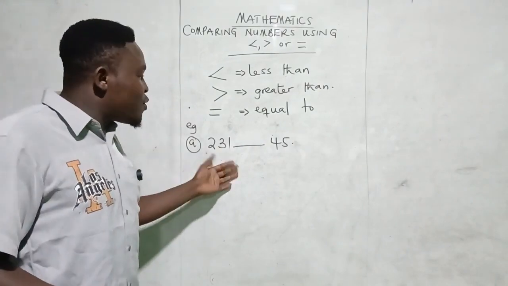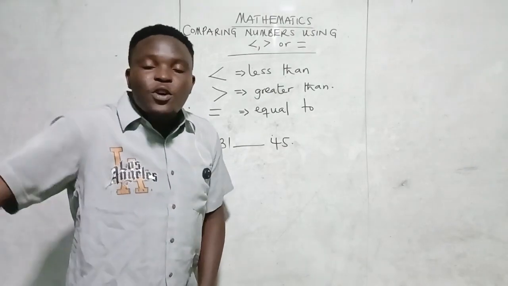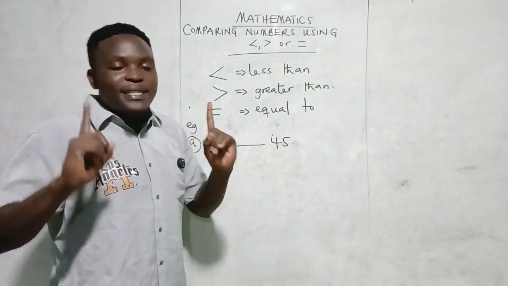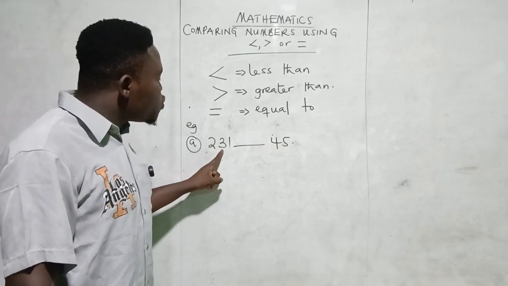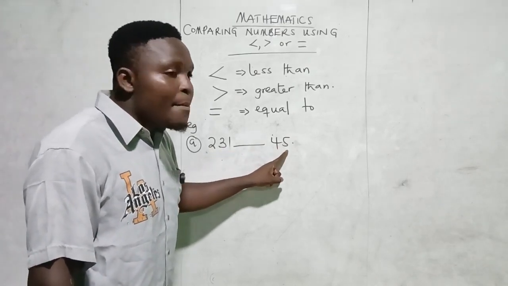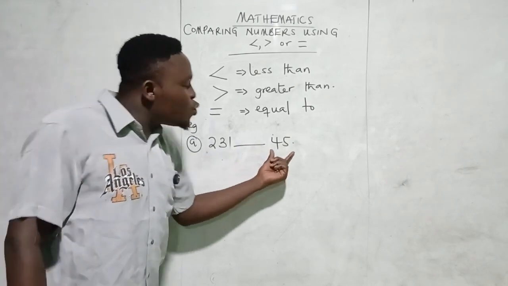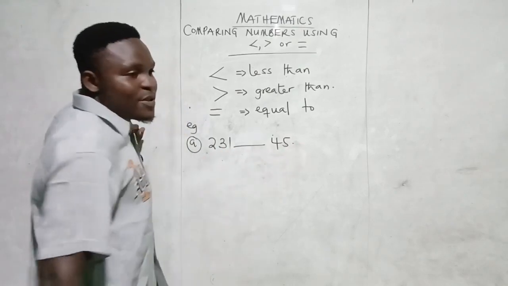So when you are going to compare, count your left-hand digits, count your right-hand digits, and then you check. Always, a longer number is a greater number. So for instance, we have 1, 2, 3 over here, and we have two digits over here. So the three-digit number is greater than the two-digit number, and therefore, this one is greater than this one.